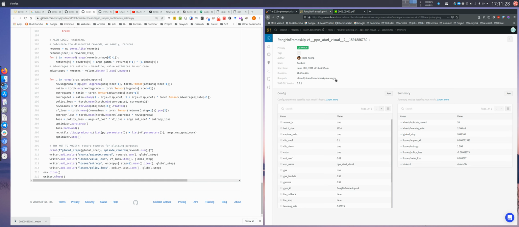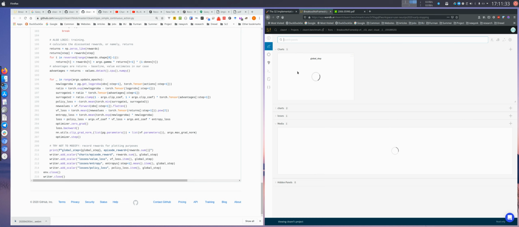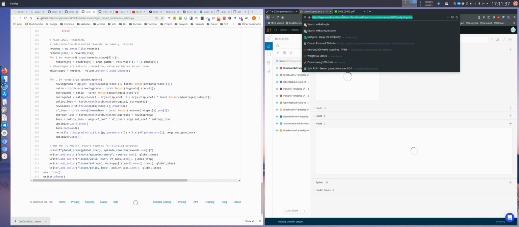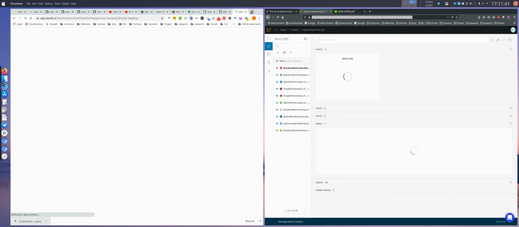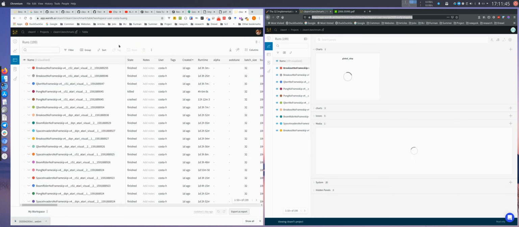Sometimes it's missing for whatever reason, but, oh, I see. Is it the case that only I can see the commands that were used to run? Let me make sure.